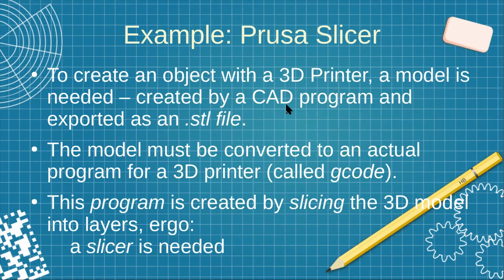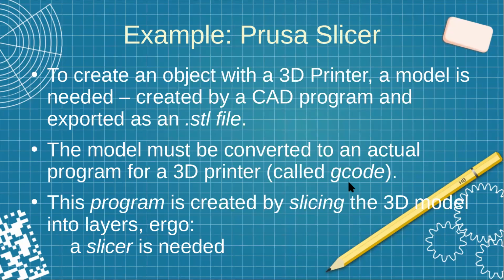You could do it in FreeCAD or AutoCAD or any of those things. And then you export an STL file, which is basically a 3D picture rendered of the item. And then you have to take that STL file and convert it to the printer program, which is called G-code.